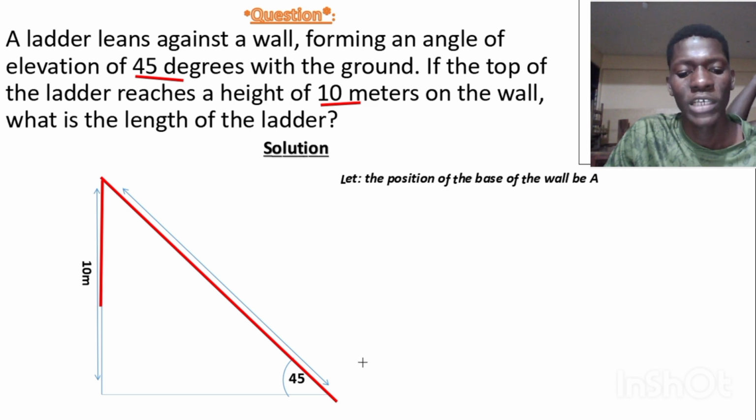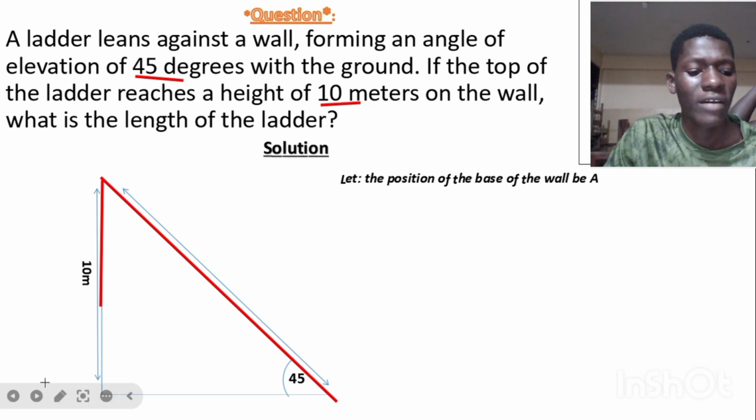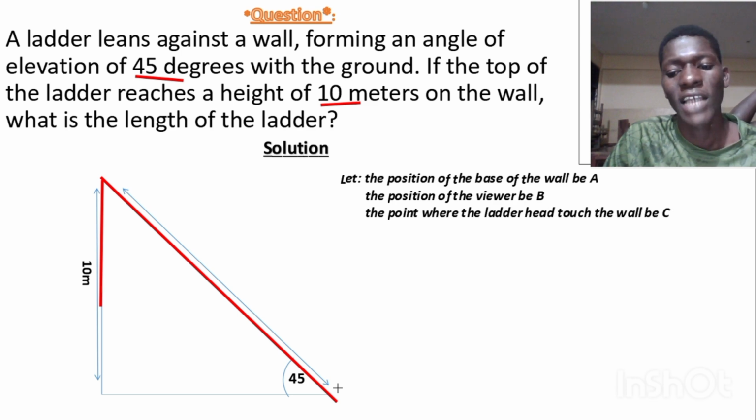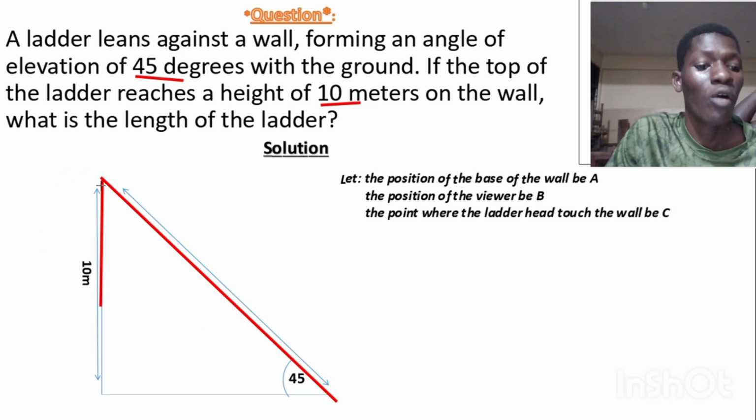A. Now the base of the wall here should be A, and here should be B. And the point at which the ladder touched the wall, this point, the wall continues, but this is the point at which it touches the wall. So let's say the wall continues to this place.